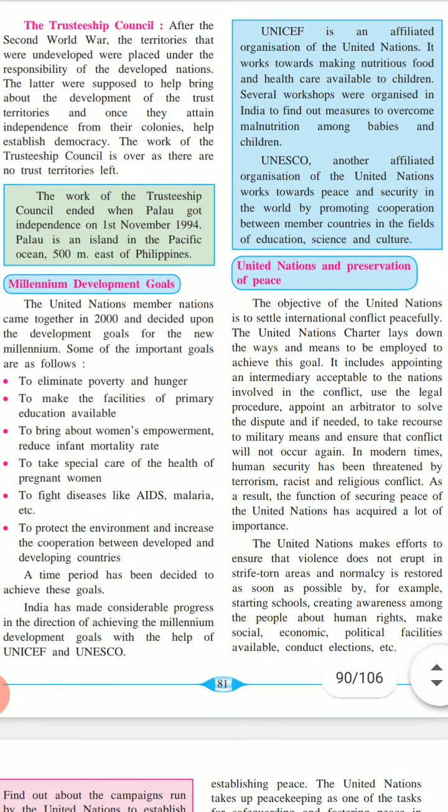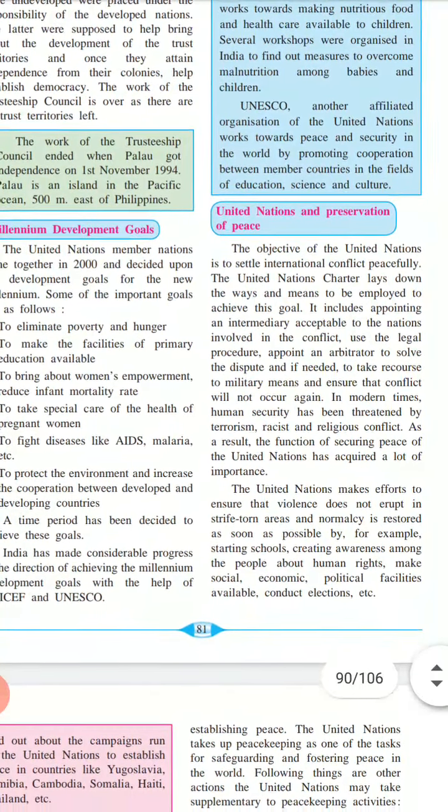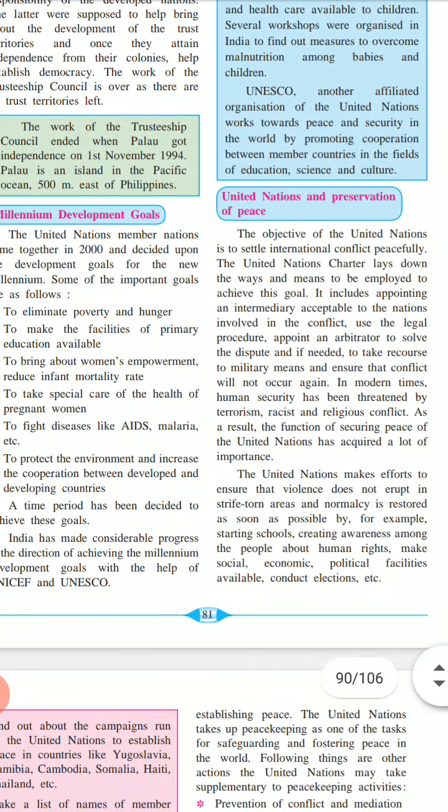Going further, students, the next point is the United Nations and preservation of peace. The objective of the United Nations is to settle international conflicts peacefully. The United Nations Charter lays down the ways and means to be employed to achieve this goal.